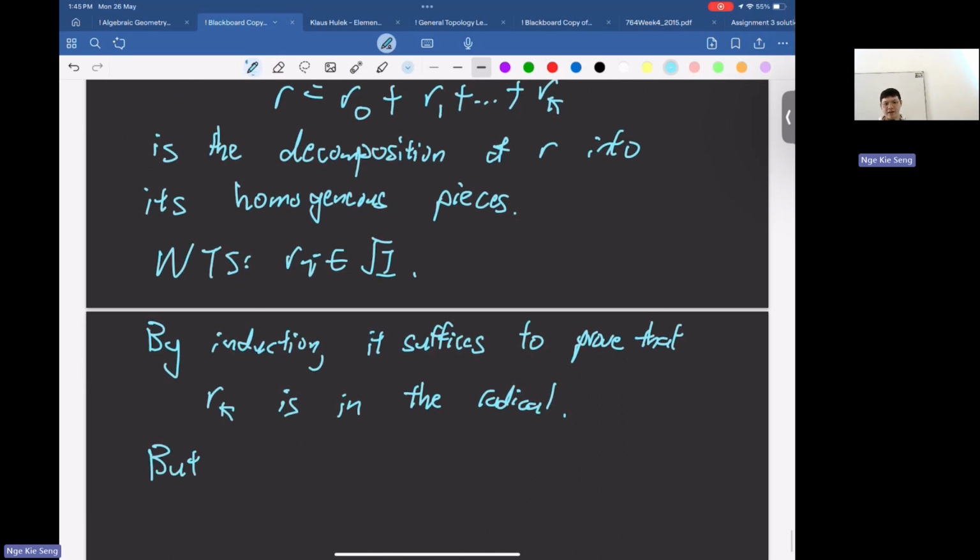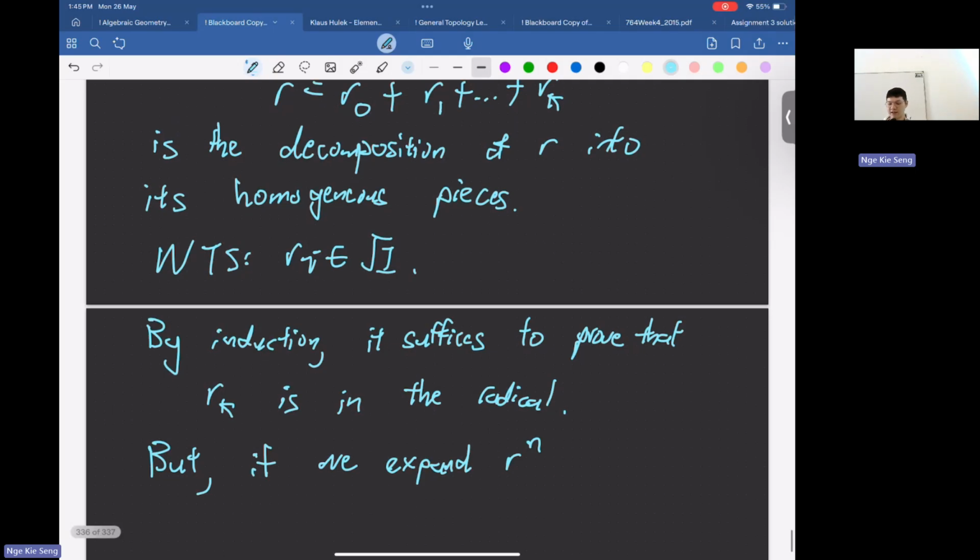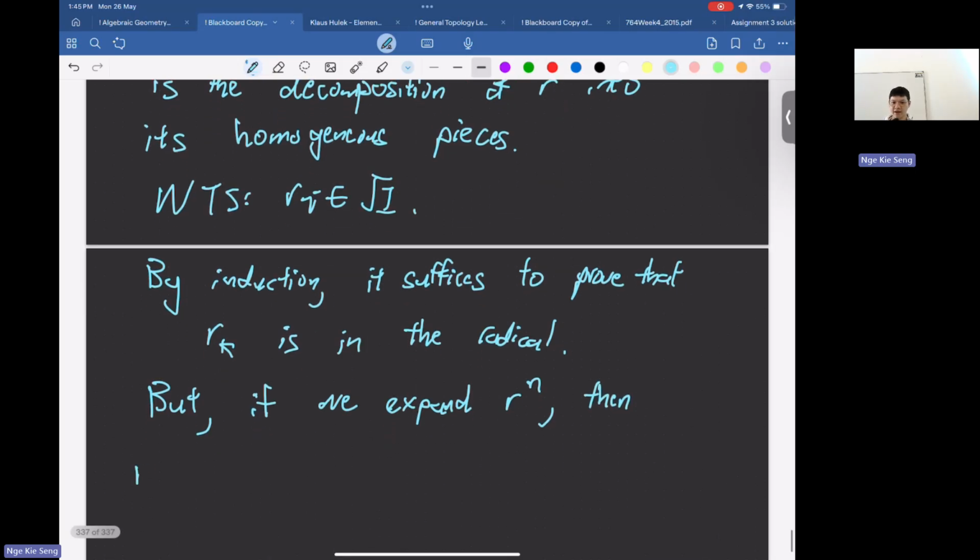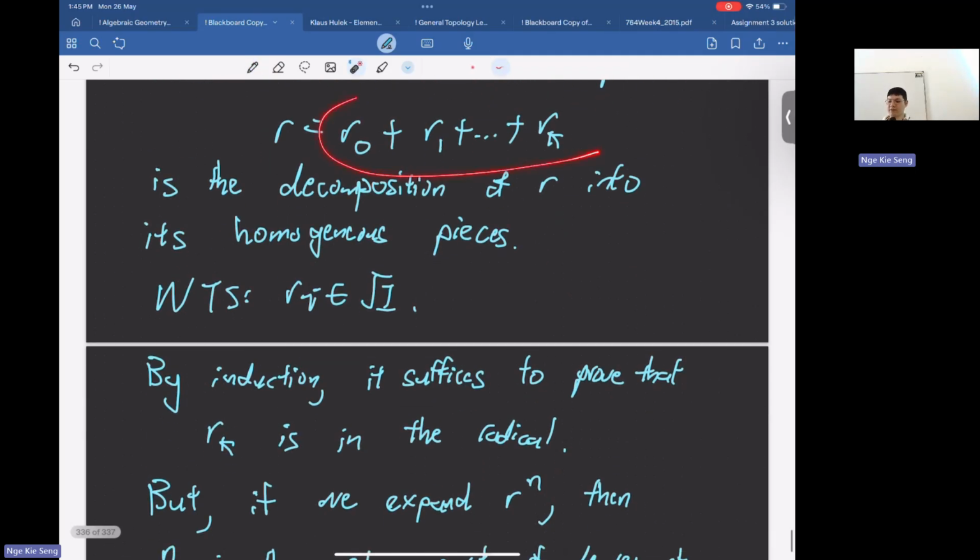If you expand this R^n, using the same n that makes sure you lie inside the homogeneous ideal, we note that R_k^n is the only part of degree nk. No other part has degree nk because the others have lower degree. This is how we arranged our homogeneous degrees, from small to big. So if you expand it out, this is the highest degree.